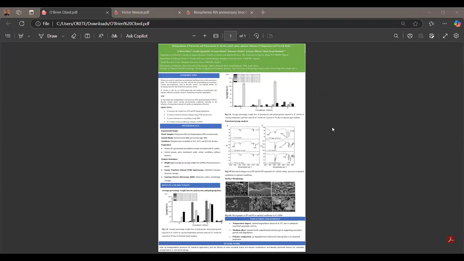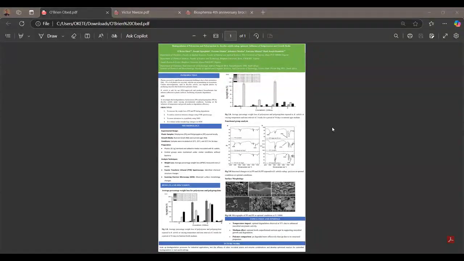Because of the increase in this OH group intensity, we can link this activity to a hydrolase enzyme. Although this is a preliminary study, we are still trying to see how we can isolate the enzyme responsible for this biodegradation. We can also observe that OH peak at the polypropylene agar at 25 degrees also.